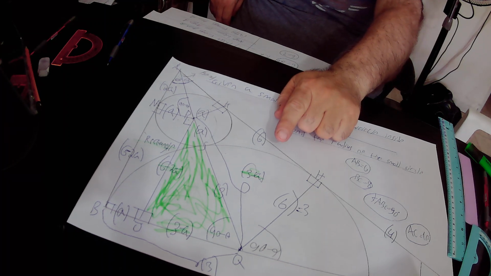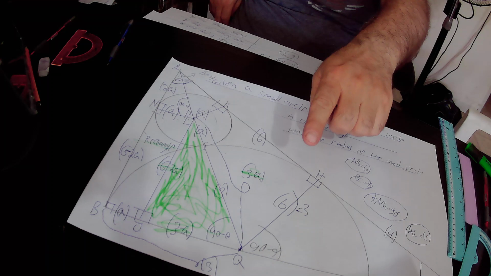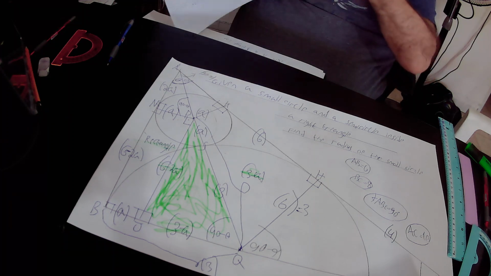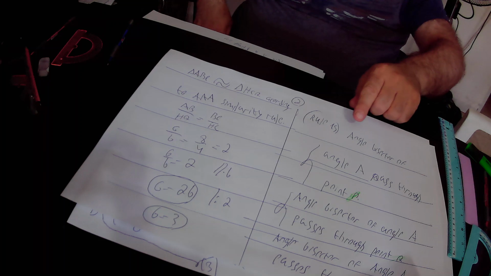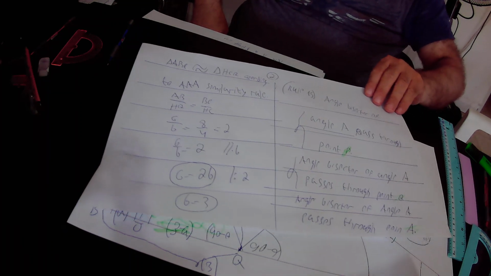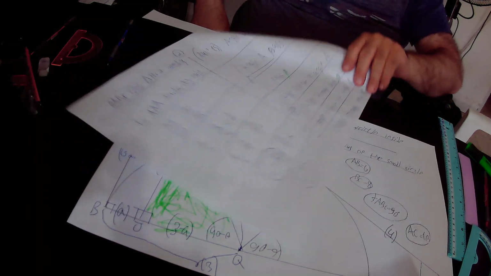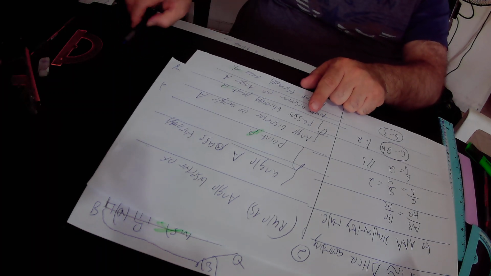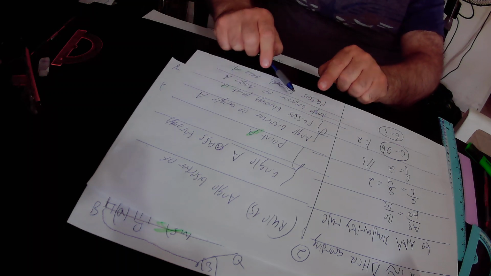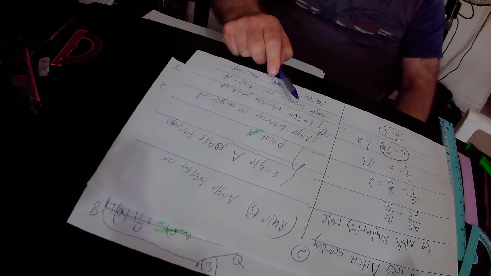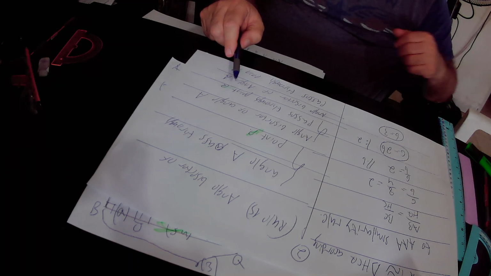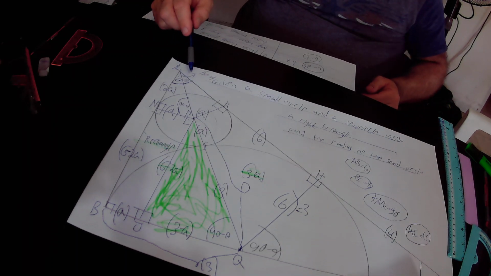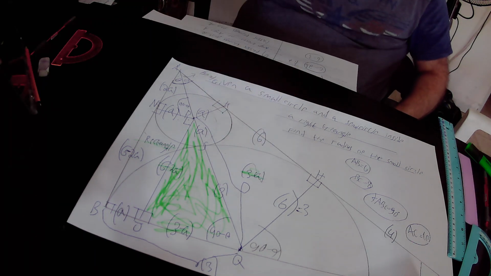So in conclusion, we can write down that the angle bisector of angle A passes through point Q. Again, we found out that the angle bisector of angle A passes through point P, and just now found out that the angle bisector of the same angle A passes also through point Q. Again, the angle bisector of this angle A passes through point P and point Q according to Rule 15.